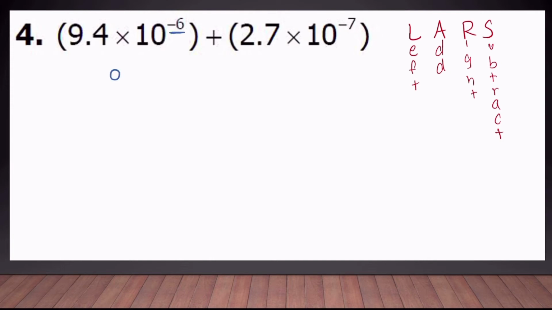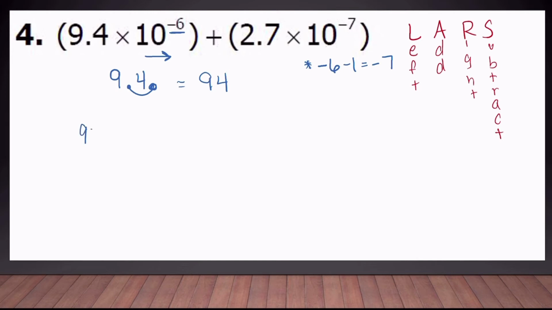So I would take 9.4. If I want to subtract 1, I'm going to move it to the right. So that gives me 94. But what that ended up doing, because remember, it was a negative 6, I moved right. Right is subtraction. I'm now at a negative 7.